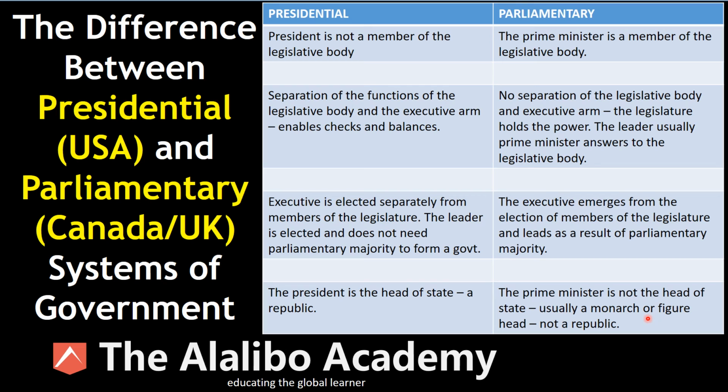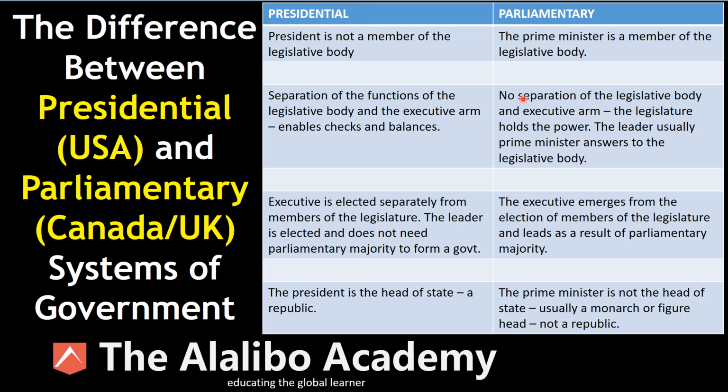So these are critical differences between these very major and important systems of government we have today. The president is the head of state under this category. The prime minister is not. The executive is elected separately from the members of the legislature. The executive on this side emerges from the election of the members of the legislature. There's separation of the functions of the legislative body and the executive, and checks and balances become very critical and part of the structure of this type of governance.